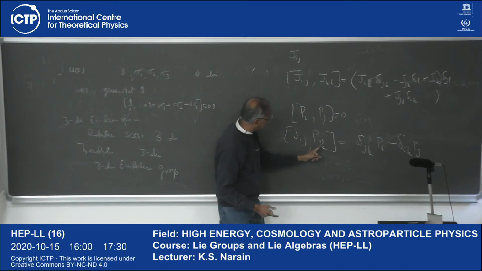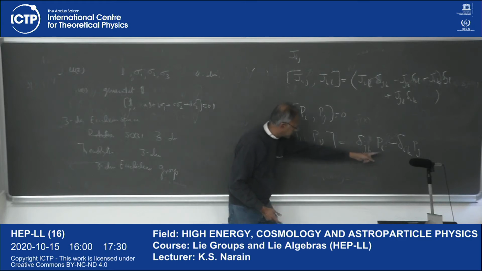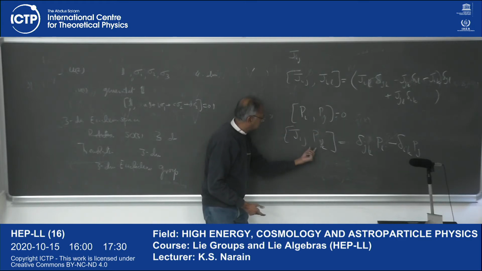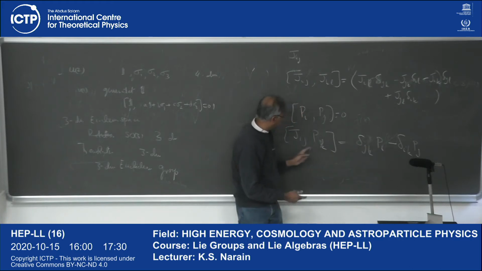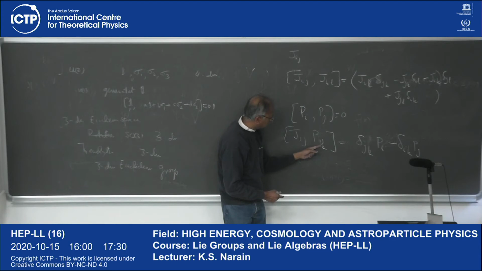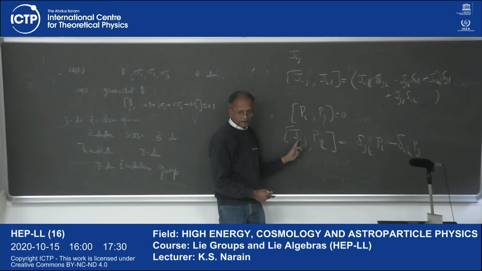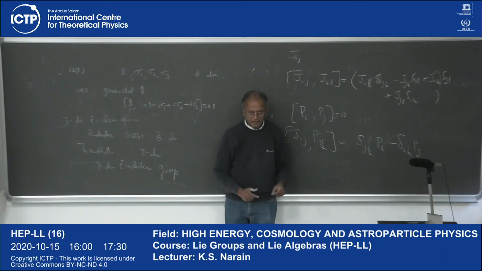So if it is the first direction, then this J12, there is a δ_ik term, and it rotates, it gives you the P2. And similarly, if you take this along the 2 direction, if k was 2, then you get δ_jk and P1. So this is the rotation.